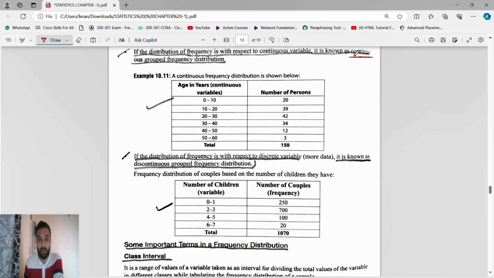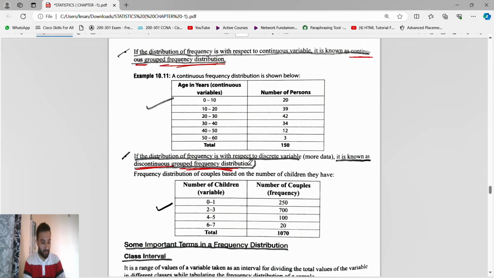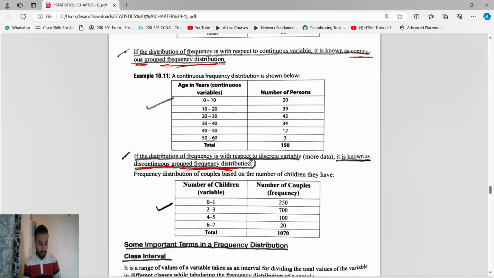The first is the continuous grouped frequency distribution, and the other is the discontinuous grouped frequency distribution.